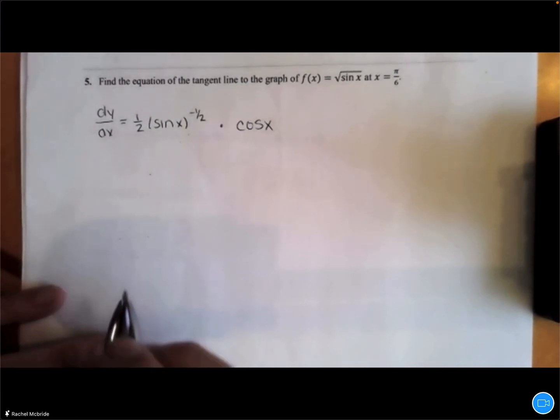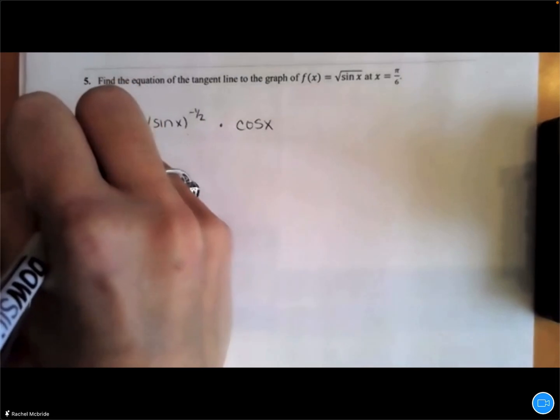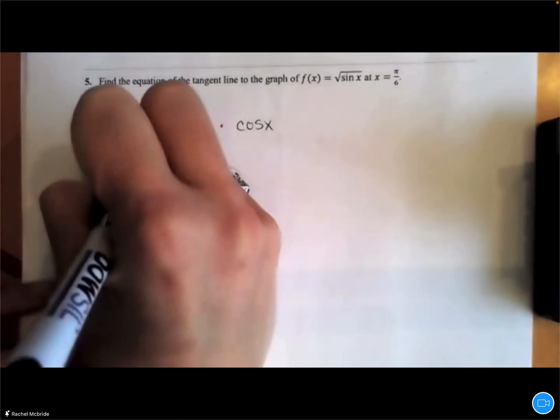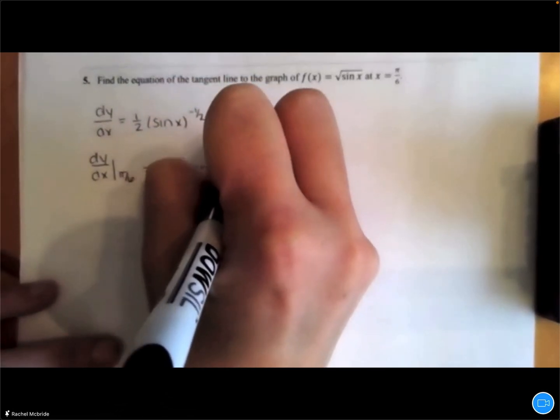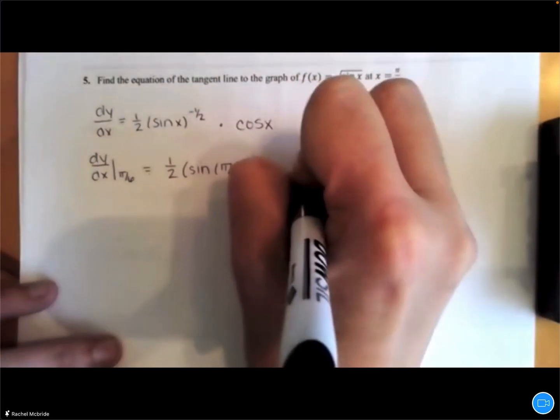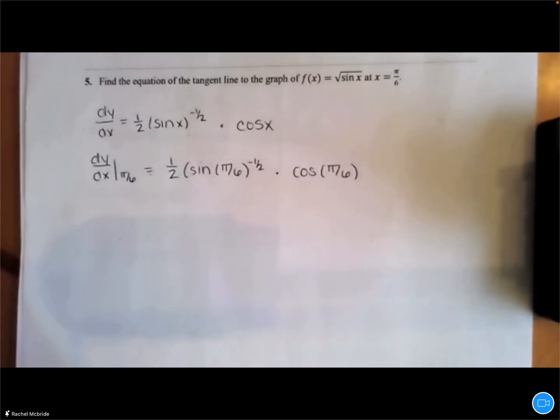And then we are going to plug in pi over 6. So pi over 6 is 1/2, because pi over 6 is really like 30 degrees. So sine of 30, or sine of pi over 6, is equal to 1/2.